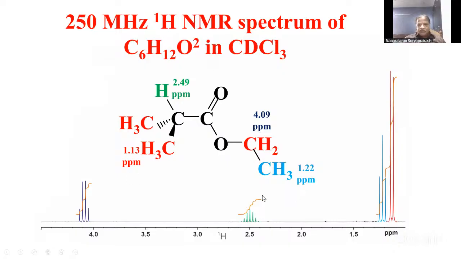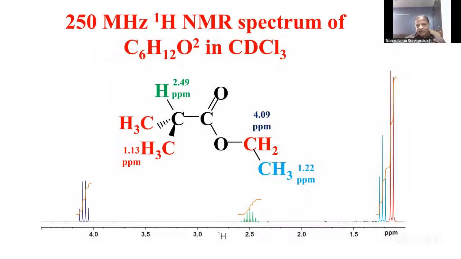So now I have put different colors here. CH3 is this color, and CH2 is this color, red color, and this is green color. I'm sorry. This is green, and this CH2 is red. This should have been red anyway. So now can we interpret this one very easily?